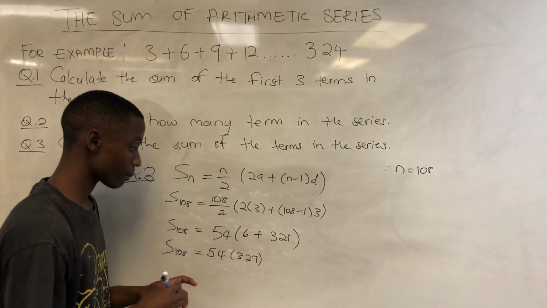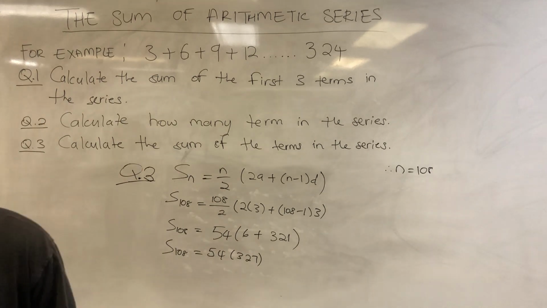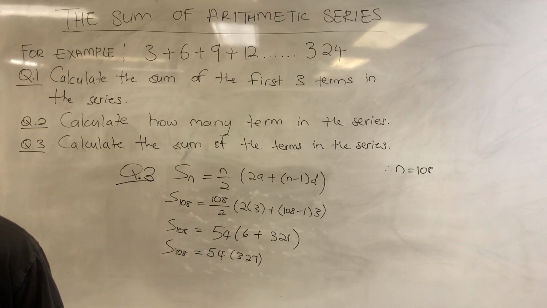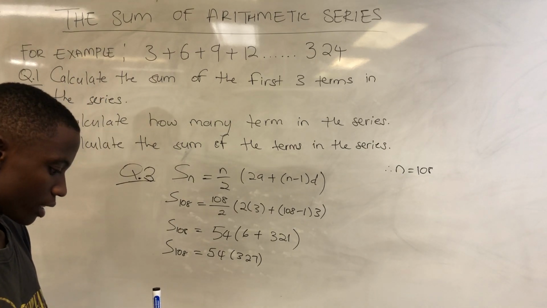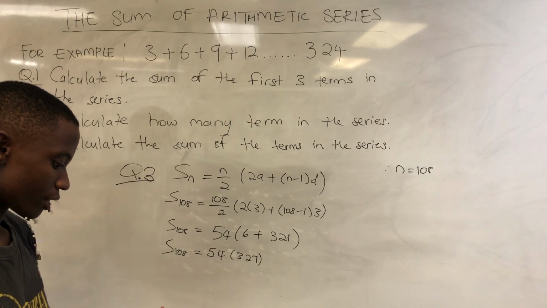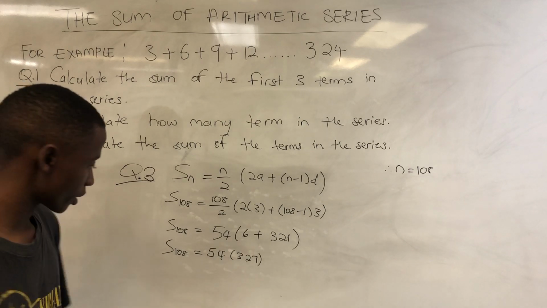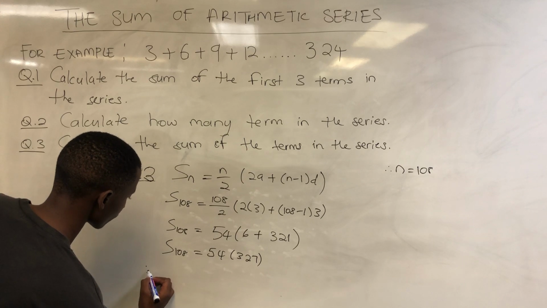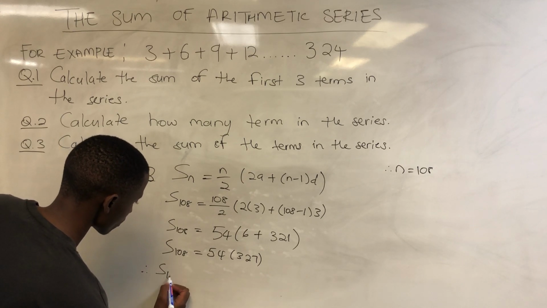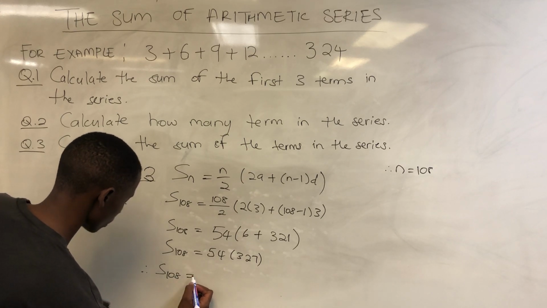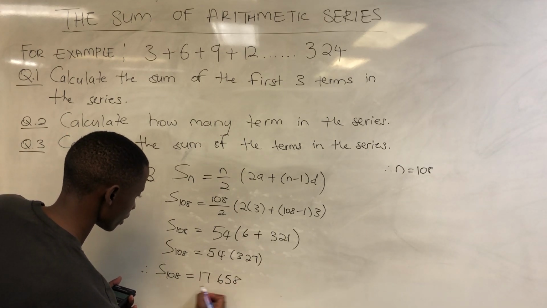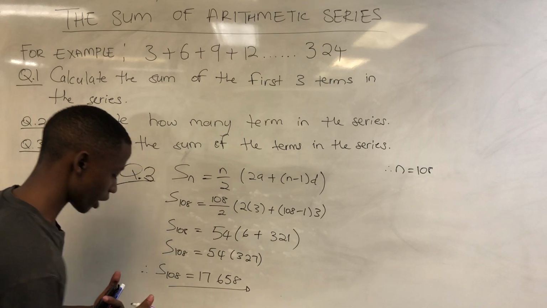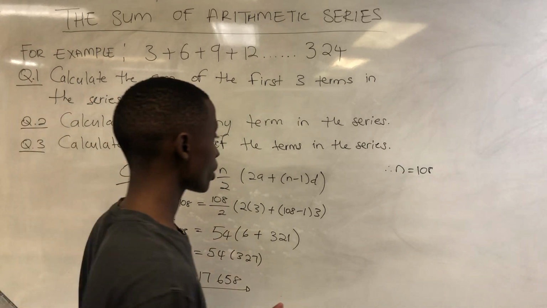So 54 multiplied by 327 is 17,658. Therefore S108 will be equal to 17,658, and that's it.